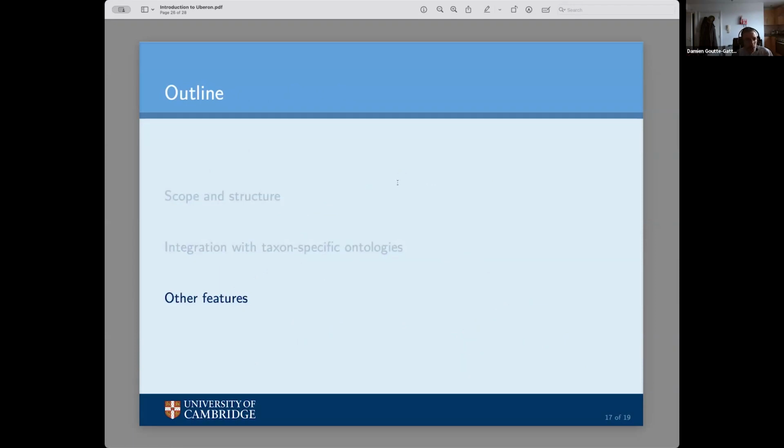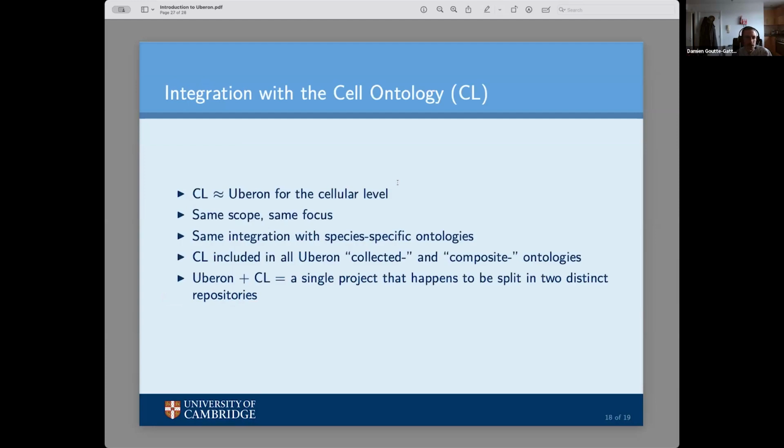Now, I will quickly go through a couple of other features of Uberon before we can go to the use cases with Nico. So first, about the integration with CL. That integration actually goes quite deep, and basically I like to present CL as merely Uberon once you go below the tissular level.